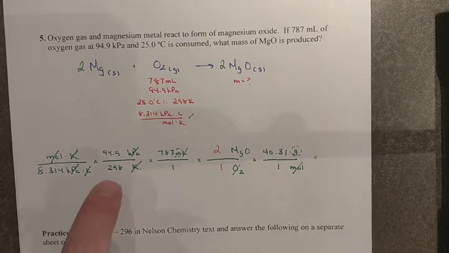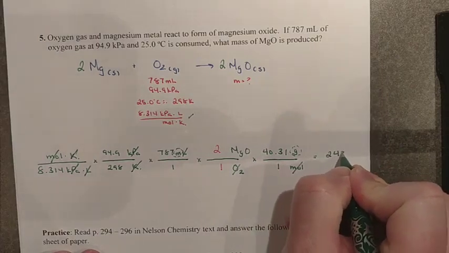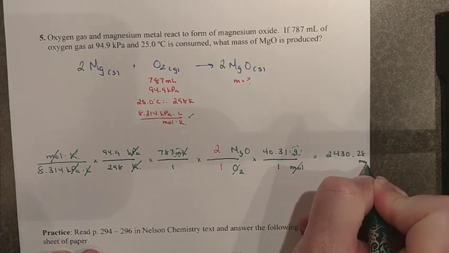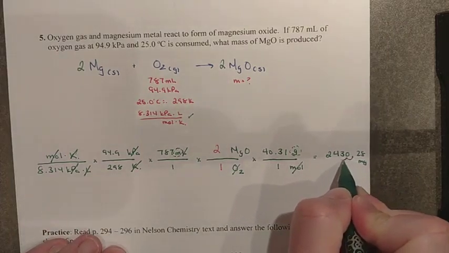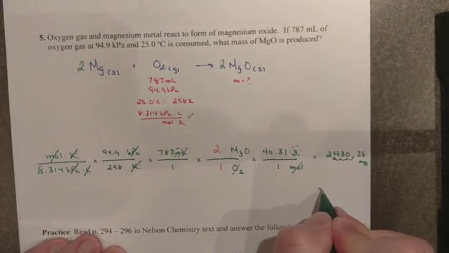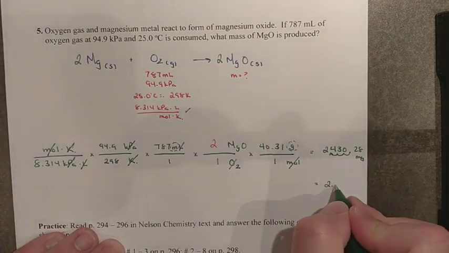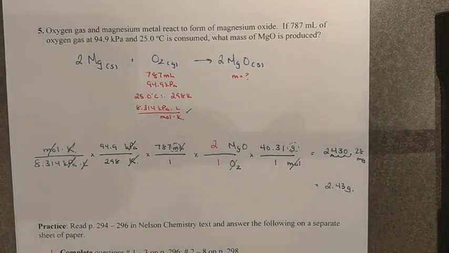I'll divide that again by 298, and I get 2,430.28, pardon my notation there, of milligrams. So I can turn that into grams. And so I get, with 3 digits throughout, 2.43 grams of my magnesium oxide produced in this particular example.